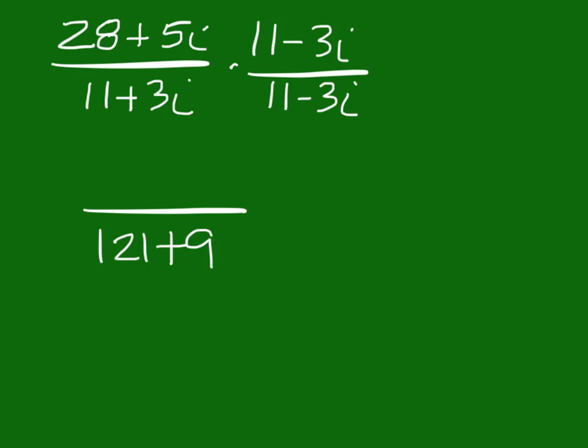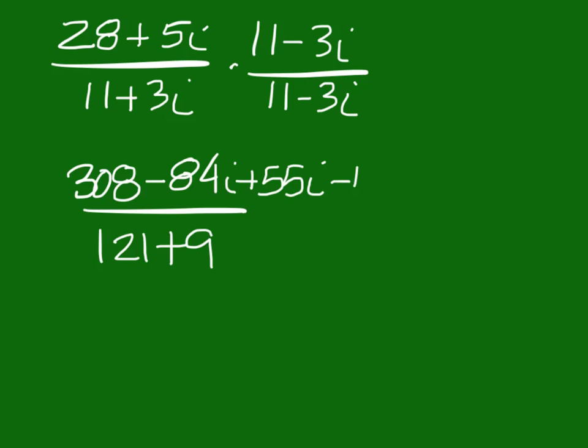Then from the top, 11 times 28, that's 280 plus 28, that should be 308. And then a minus 84i. And then 5i times 11 is 55i.